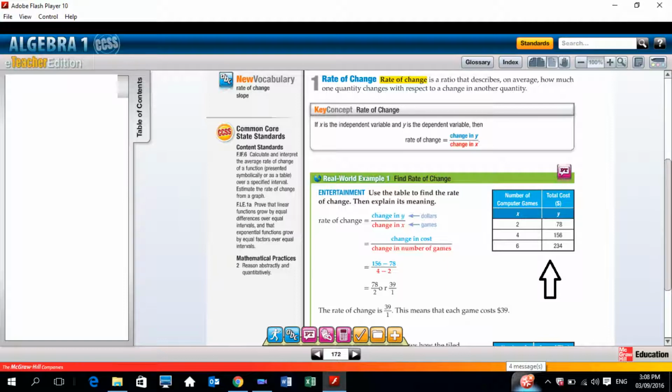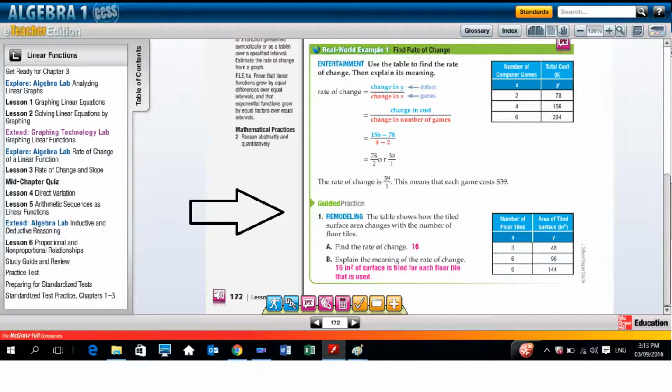Okay? Now, if we want to move to the second example, another example talking about area of tiled surface in inches square and number of floor tiles. So in this table, if we want to calculate the rate of change, again we calculate the difference between the y and x, and the difference will be between the maximum value on y and the minimum value, which is 144 minus 48, divided by the change in the number of floor tiles.